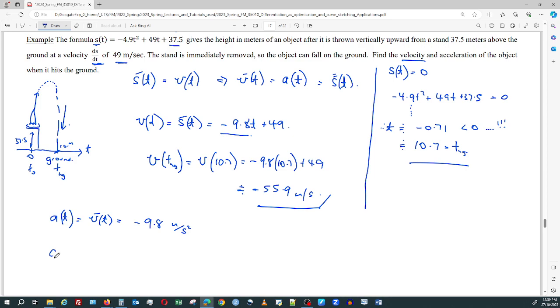The acceleration at that time of 10.7 doesn't matter because there's no t term. It's still just this. I'll put it in the other form; it means the same thing, as you know from your indices. Meters per second squared. It's determined because t is not in that particular one, so it's just the acceleration due to gravity.